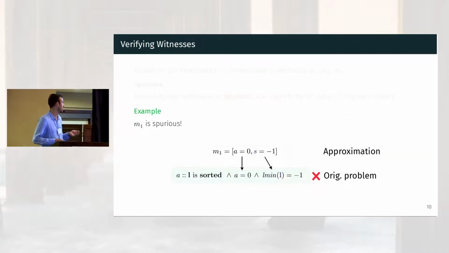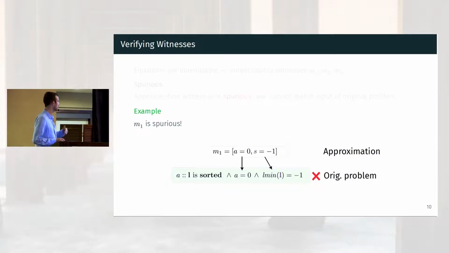And in the example, we had a model M1 that assigns the value -1 to S. And if you remember, S was replacing the recursive call minimum of the list L. But we also have the invariant that tells us that AL is sorted and that A is 0. But there's no list that can be sorted, and the first element is 0 and the next element is -1. So we have a contradiction here.